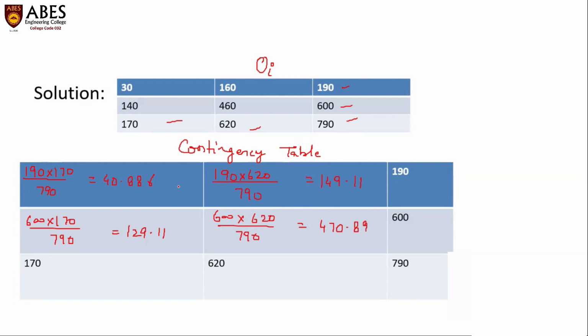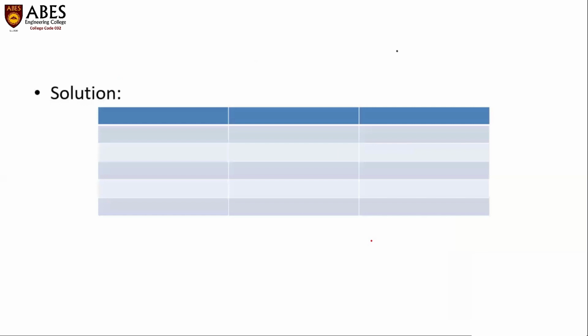So these values that we just calculated will serve the purpose of EI. OI was already given to us. So we put the values in the table so that we can easily find chi-square statistics with the help of summation of OI minus EI whole square upon EI. When taken in order, the values were 30, 140, 160 and 460.